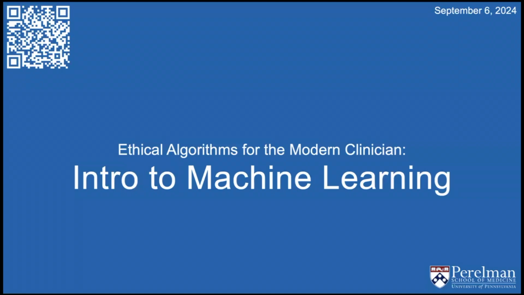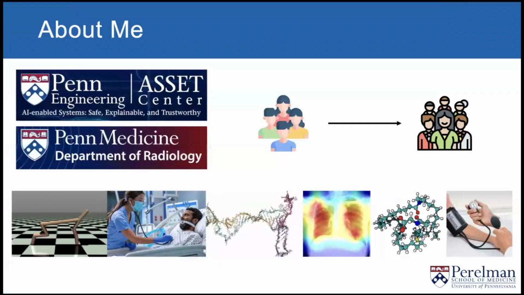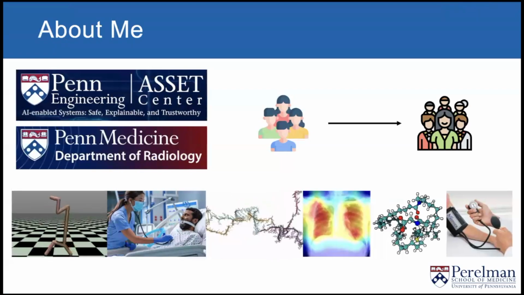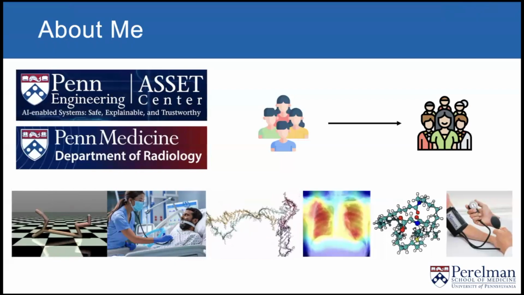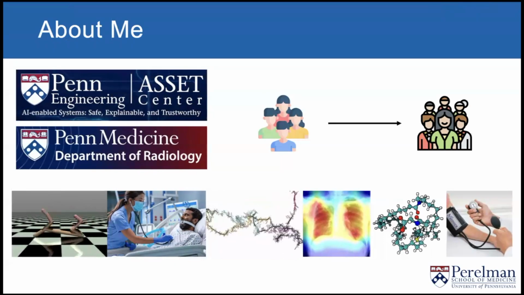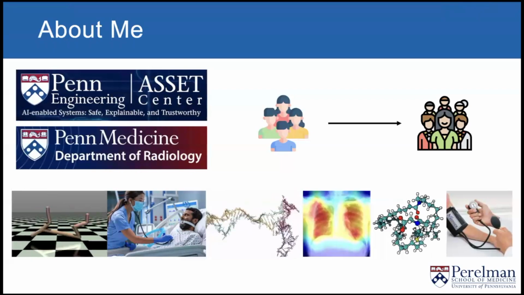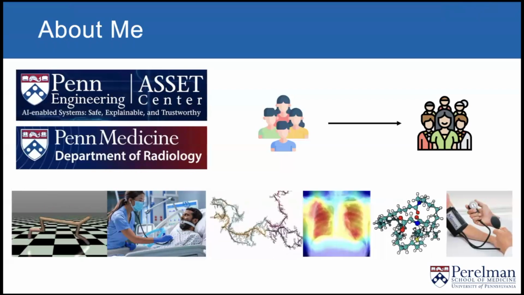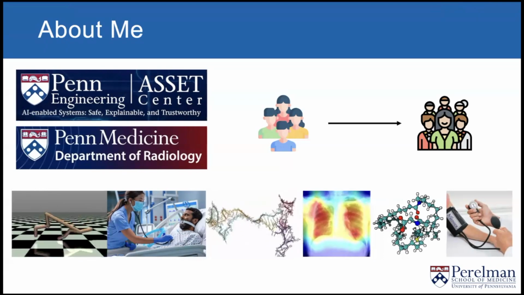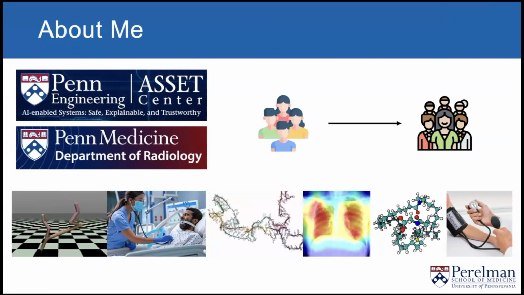Okay, so again, a little bit about myself. I'm a current fourth year MD PhD candidate. I completed 2 years of med school, and now I'm entering my second year of my PhD. I'm co-advised by Osbert Bastani in the CIS department and James G in radiology. Broadly, the problem I'm interested in is distribution shift, right?